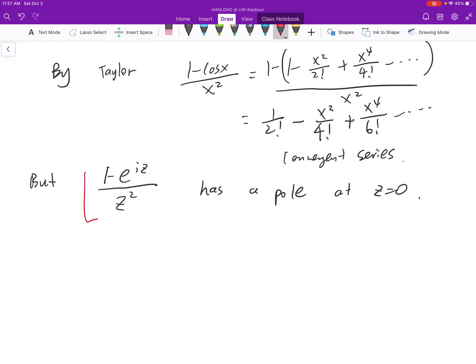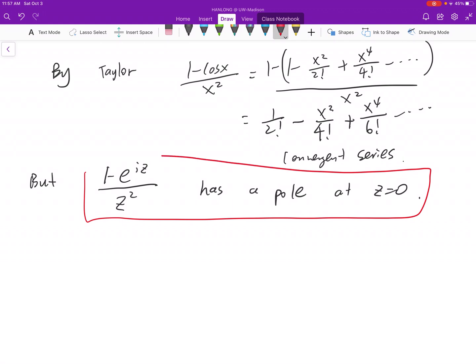So that's the difference between the real integral and the complex integral. And this pole, later on we will show that this is kind of the half residue, because we integrate from 0 to pi instead of 0 to 2 pi.